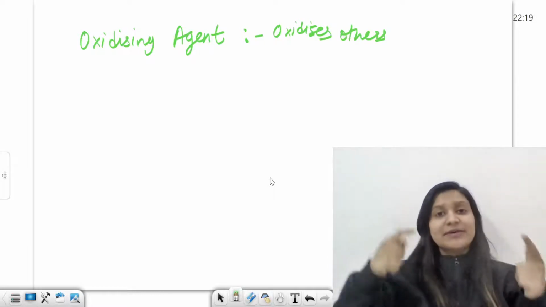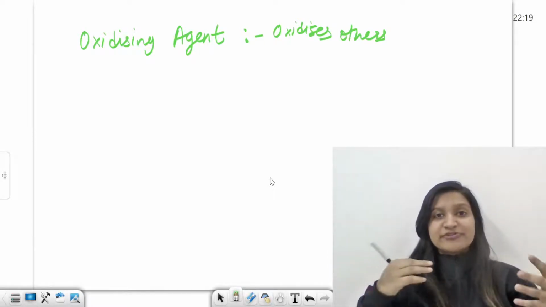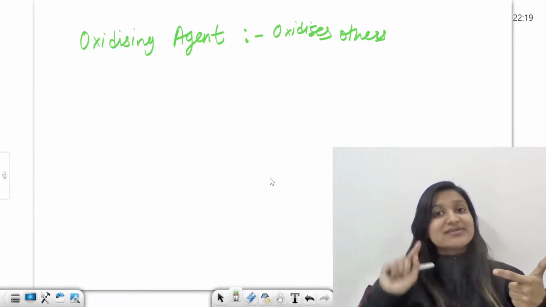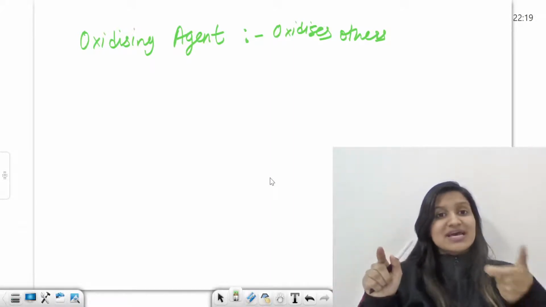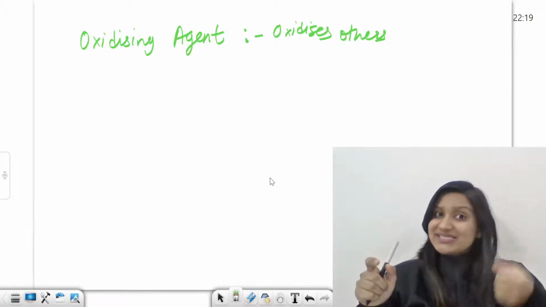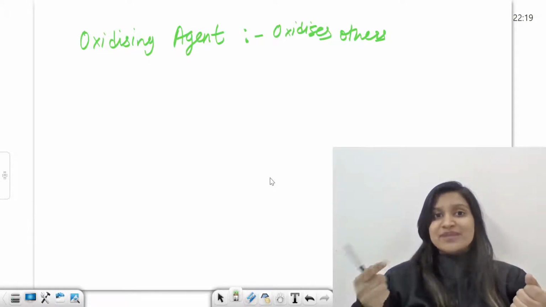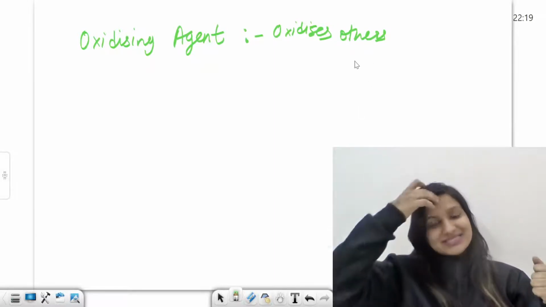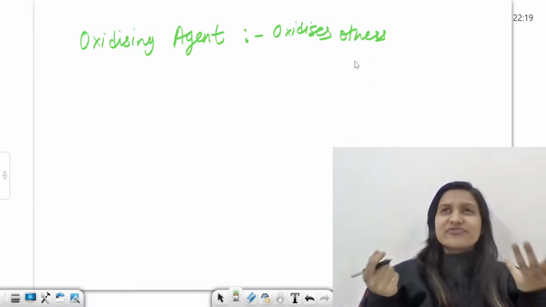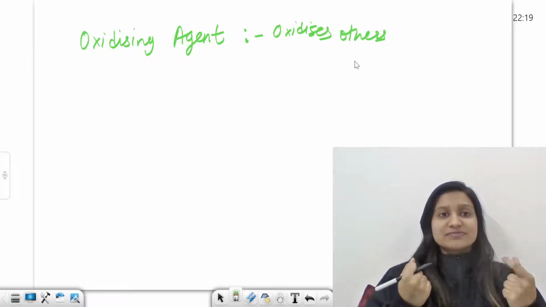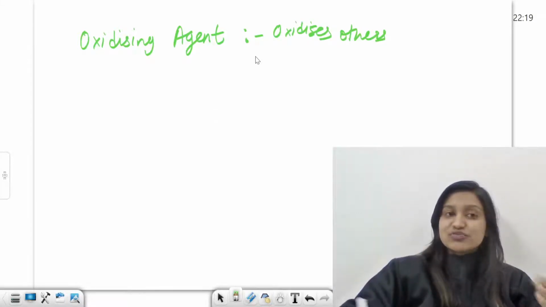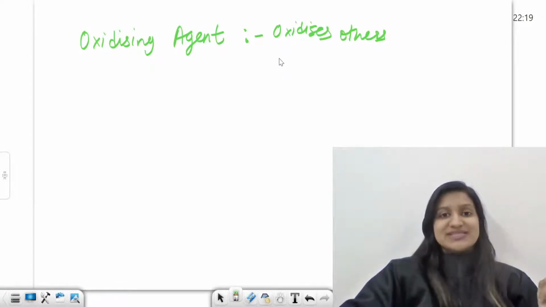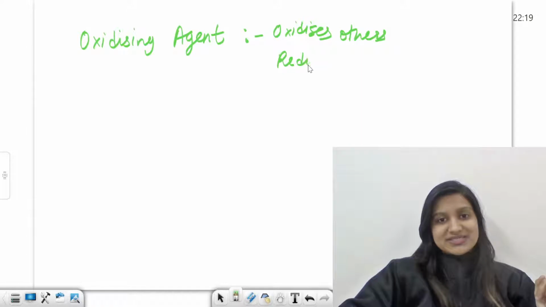So if it is forcing the other element to lose electrons, then the oxidizing agent itself will accept those electrons. So what is it doing? The oxidizing agent is getting reduced itself.